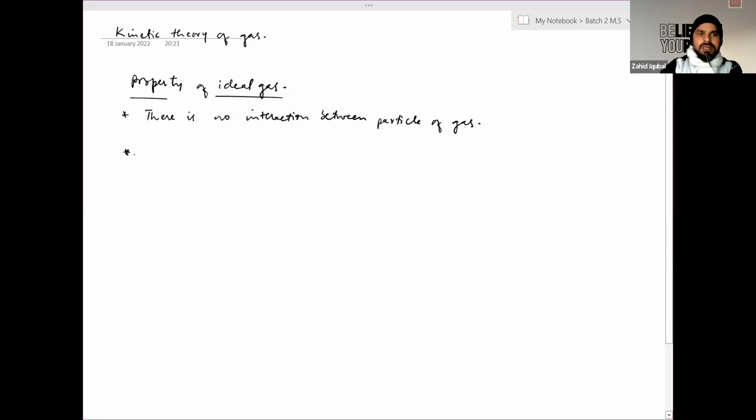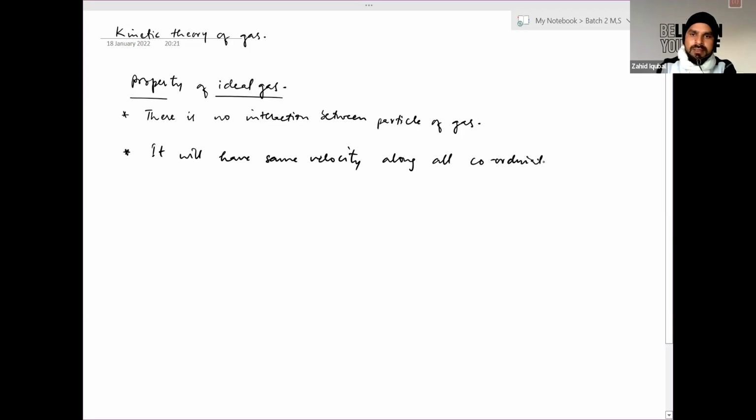Next, particles move with the same velocity along all directions, so they have the same velocity along all coordinates. That means the velocity along the x-axis, y-axis, and z-axis will be the same.